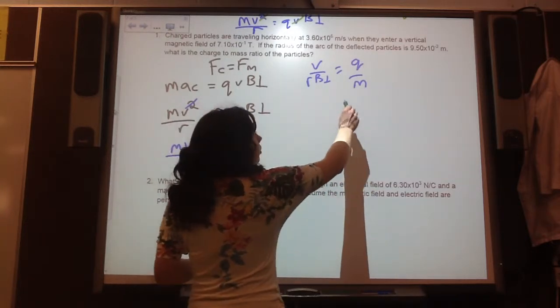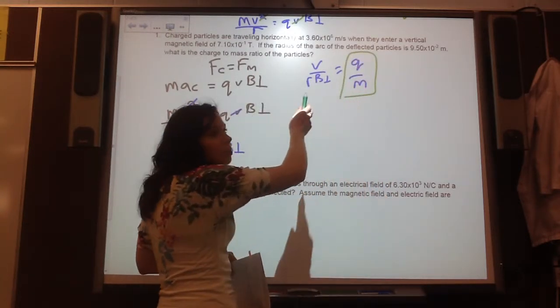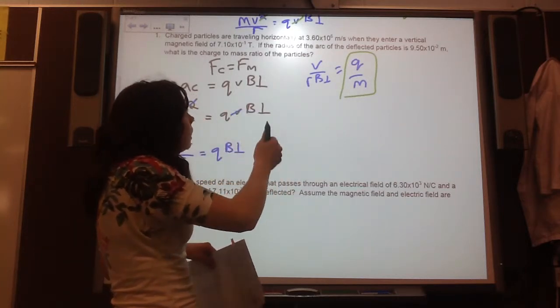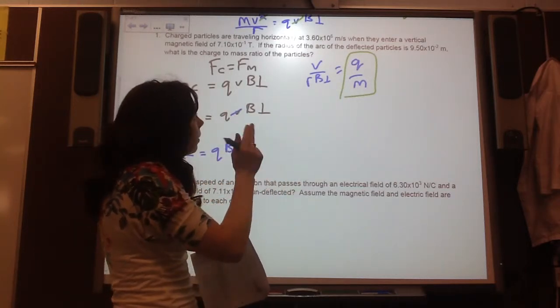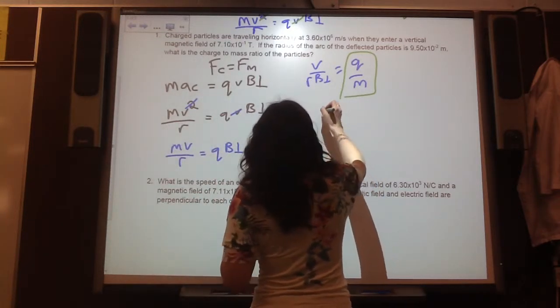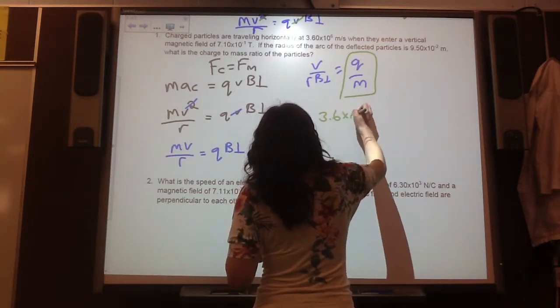So what I'm looking for is to get a value that gives me that Q over M, okay? So I'm going to take my speed, my radius, and my V perpendicular and plug that into that formula that I just made, okay? So my V, 3.6 times 10 to the 6.